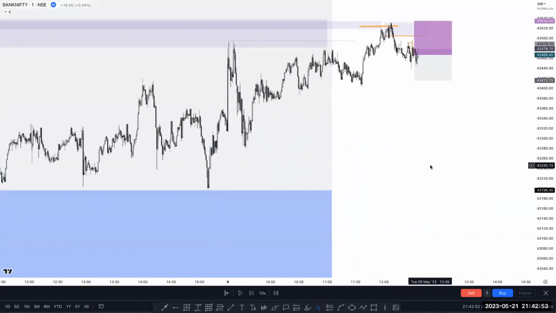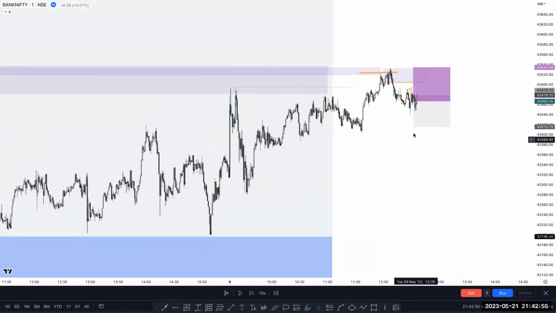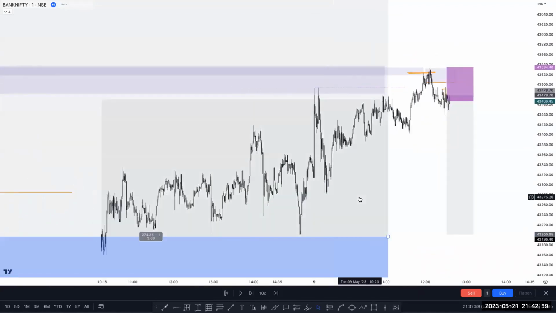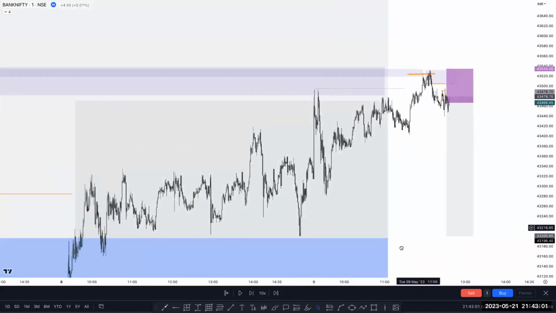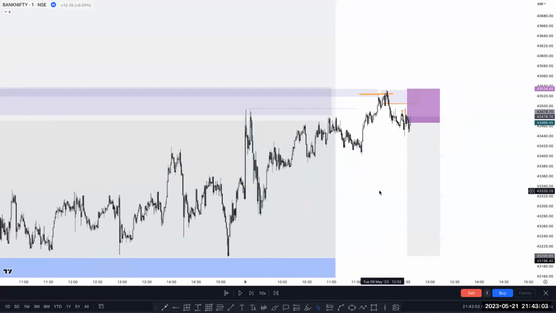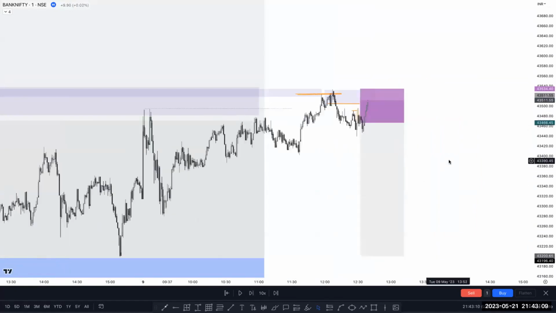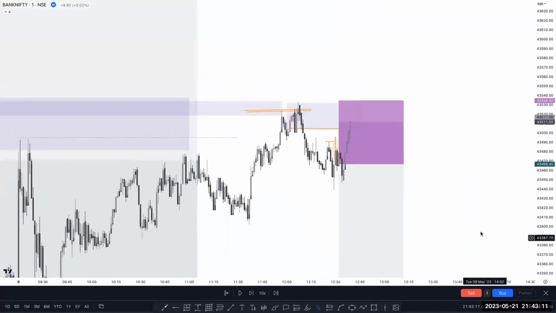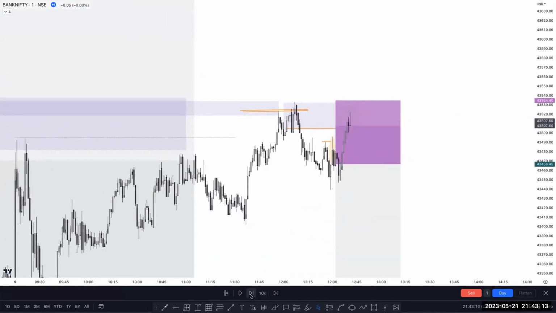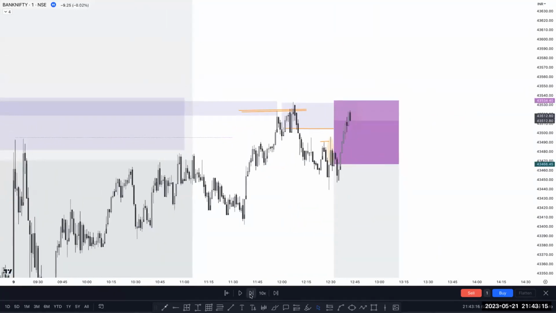So let's see, and target at least the low. Let's see. Okay, tap here and wait for it to create a single candle order block also for additional confirmation.